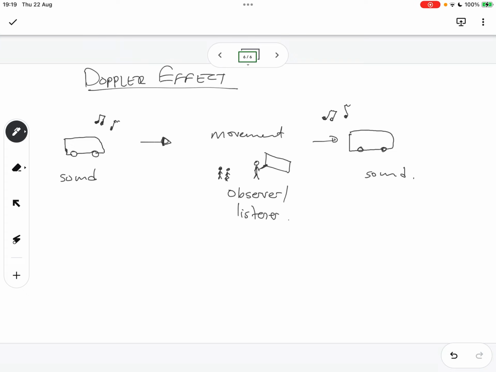So the difference in pitch becomes evident because of that movement, right?